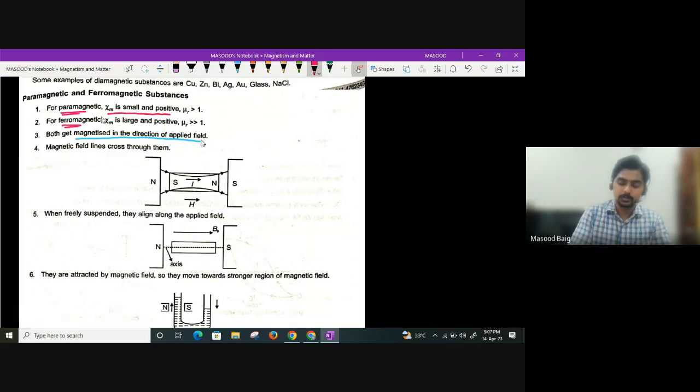But for ferromagnetic, chi m value is large and positive. Magnetic field lines can cross through them. When freely suspended, it will be along the axis between North Pole and South Pole. And these will be attracted by the magnetic field. Clear?